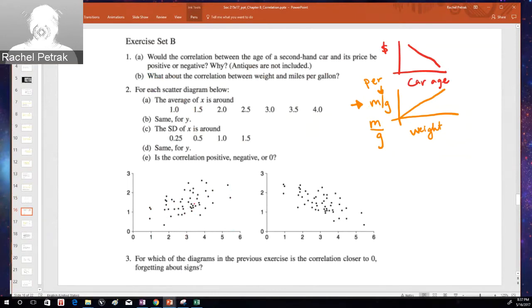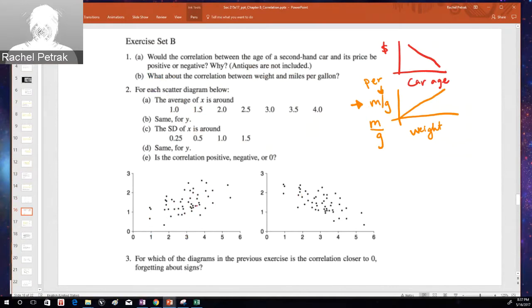And so the average for x, I would guess, to be approximately in the middle of these two, because we're assuming these are normally distributed. We would only use correlation if we had normally distributed x and y variables.